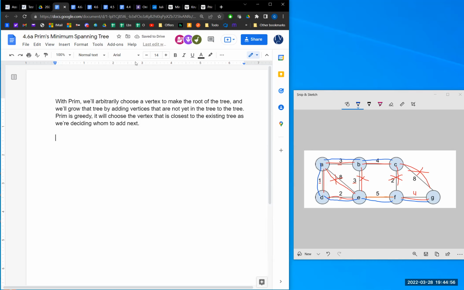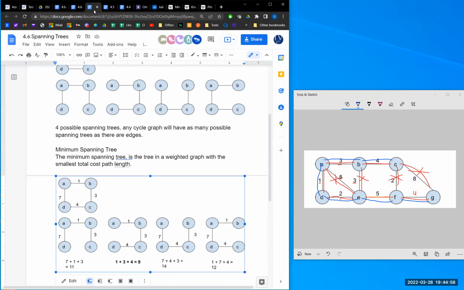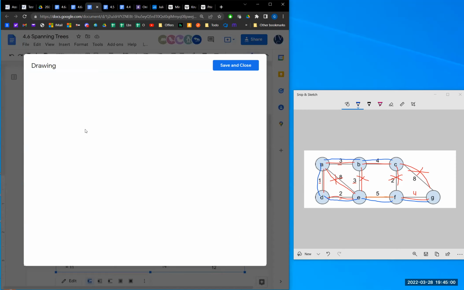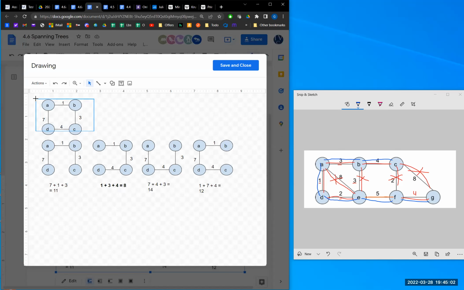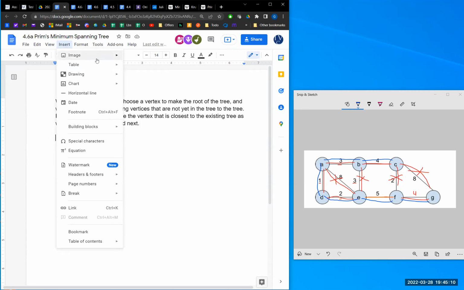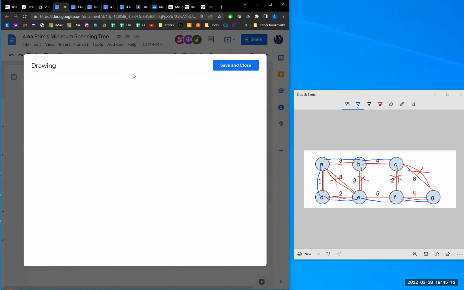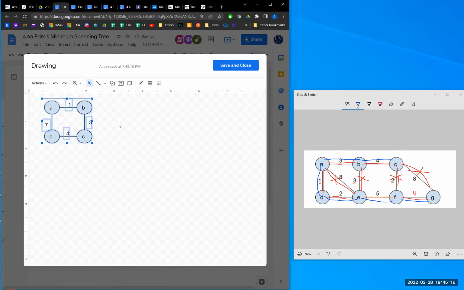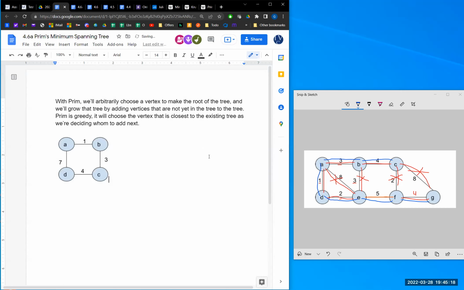All right, so we'll do this like we did before. We'll start small and get bigger from there, right? So every vertex is going to be in the spanning tree at the end, which is why it's pretty arbitrary who to add first.